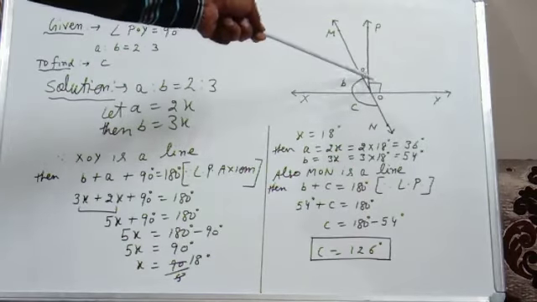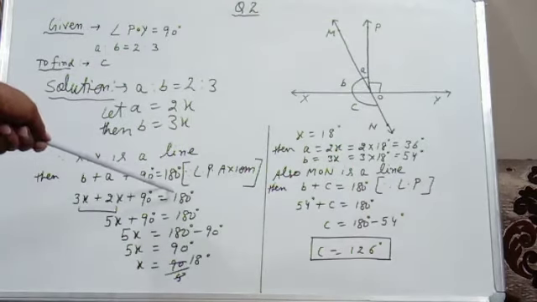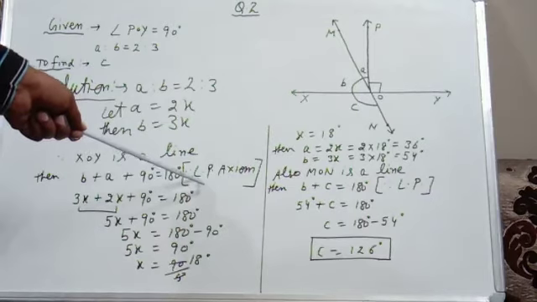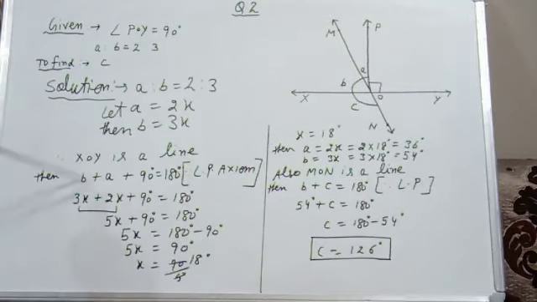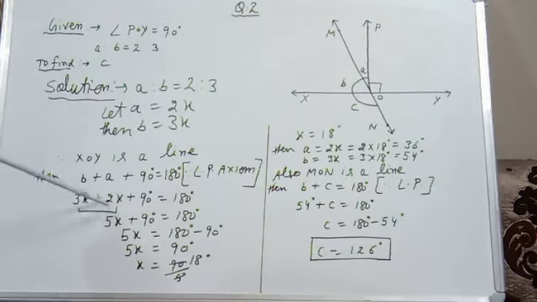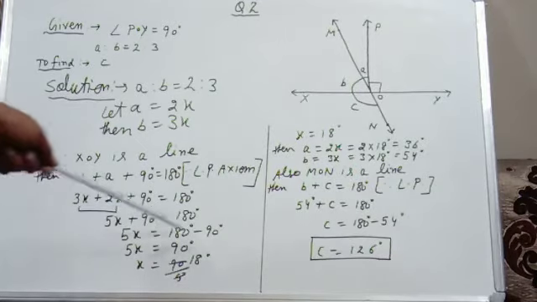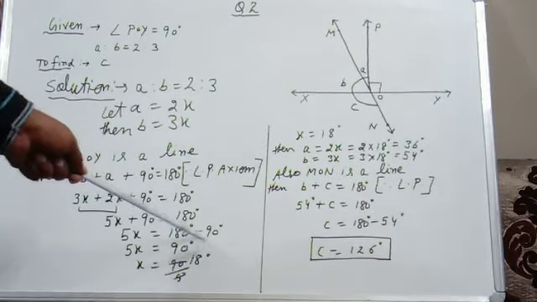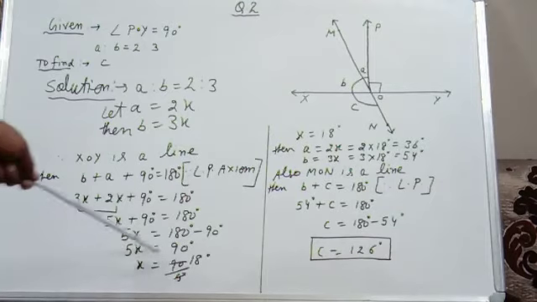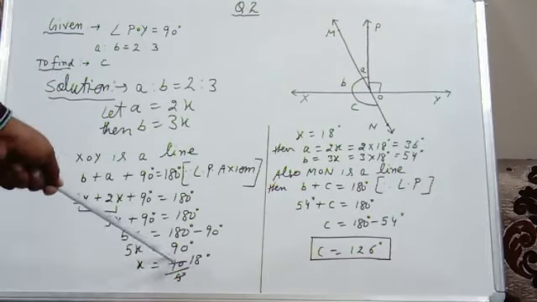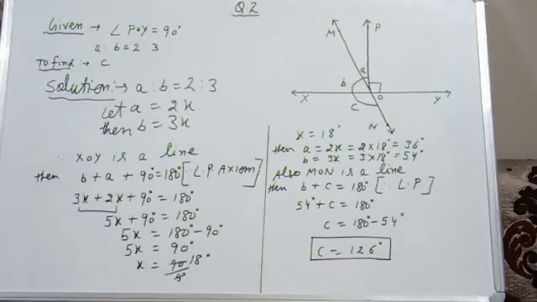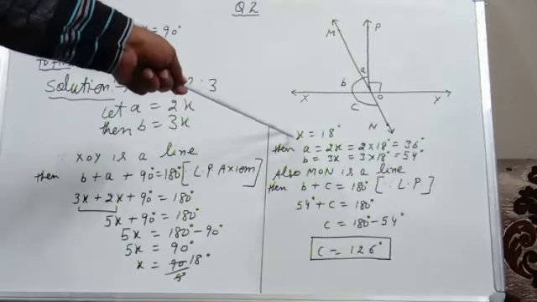So B plus A plus 90 equals 180, by linear pair axiom. So 3x plus 2x plus 90 equals 180. This 90 on this side will become minus. So 5x equals 90, and the value of x is 90 upon 5, which gives x equal to 18.